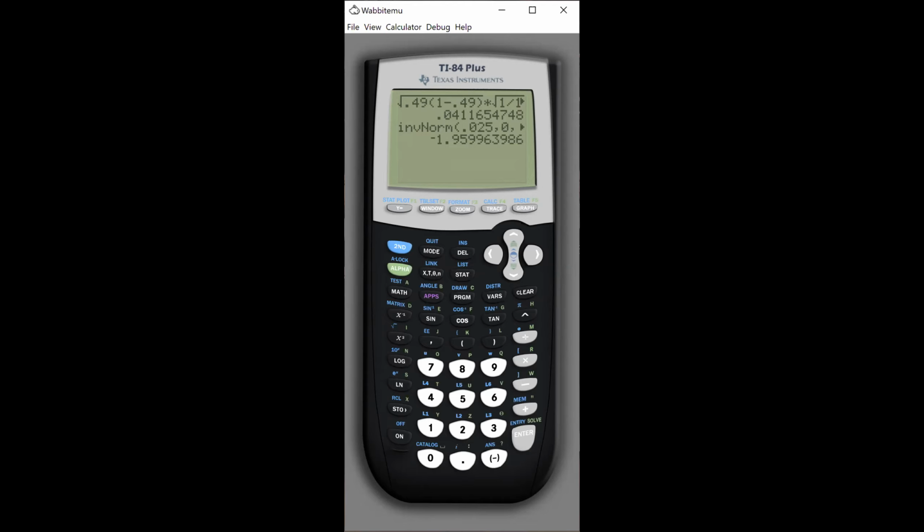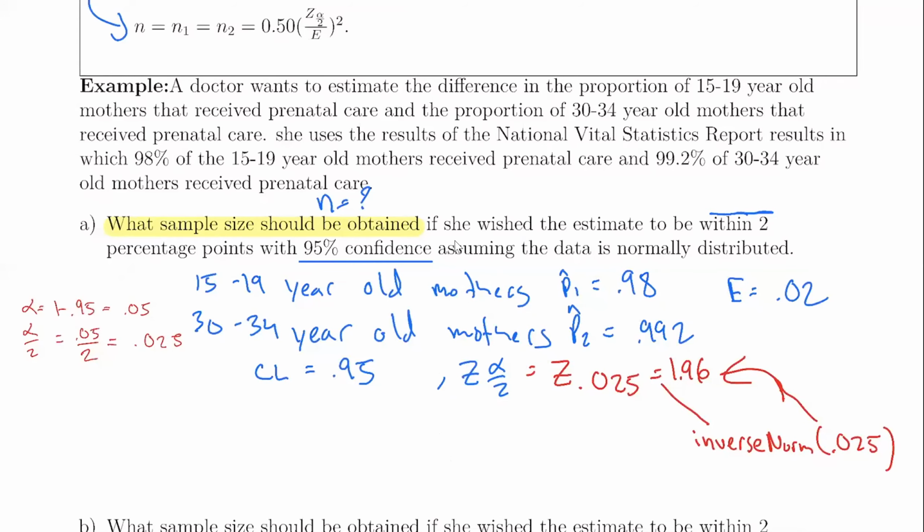All right, so let's switch back to my notes so we can finish off this problem. Here goes the 1.96.